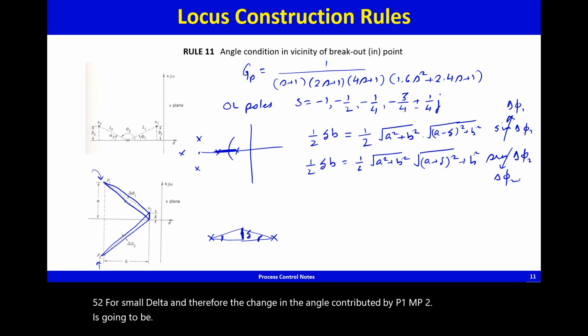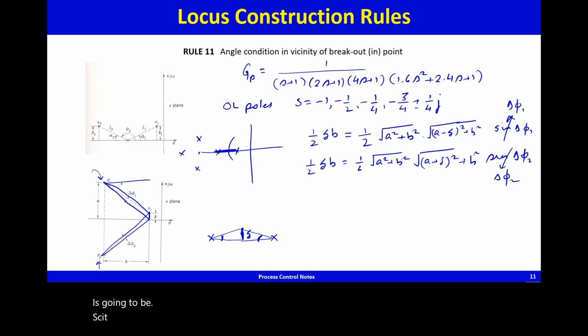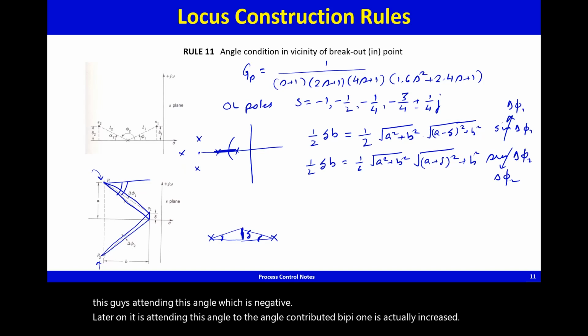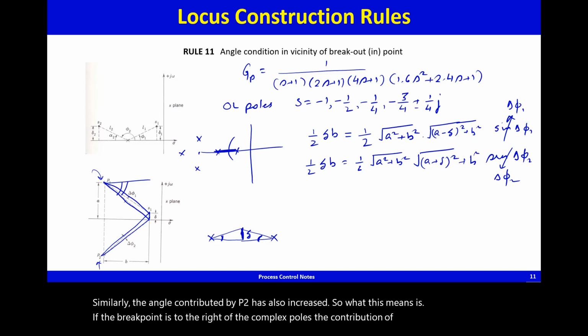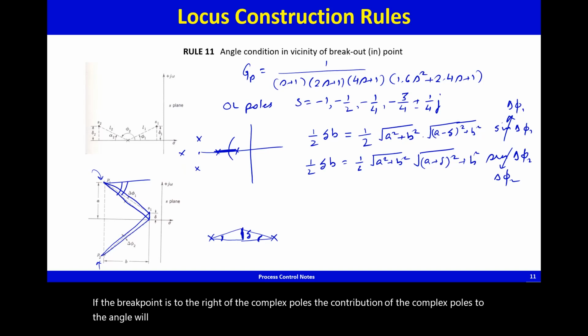you see, this one is subtending this angle which is negative. Later on it is subtending this angle, so the angle contributed by P1 has actually increased. Similarly, the angle contributed by P2 has also increased. So what this means is, if the breakpoint is to the right of the complex poles, the contribution of the complex poles to the angle will be positive.